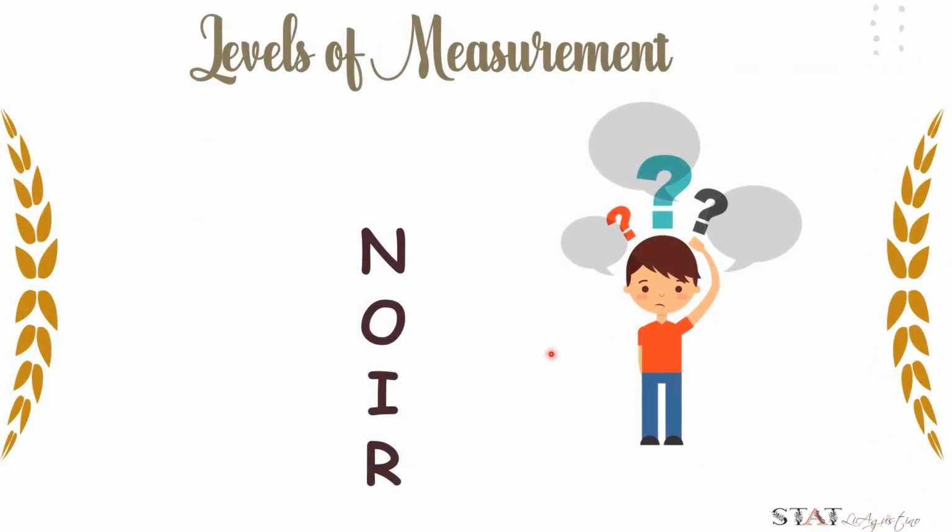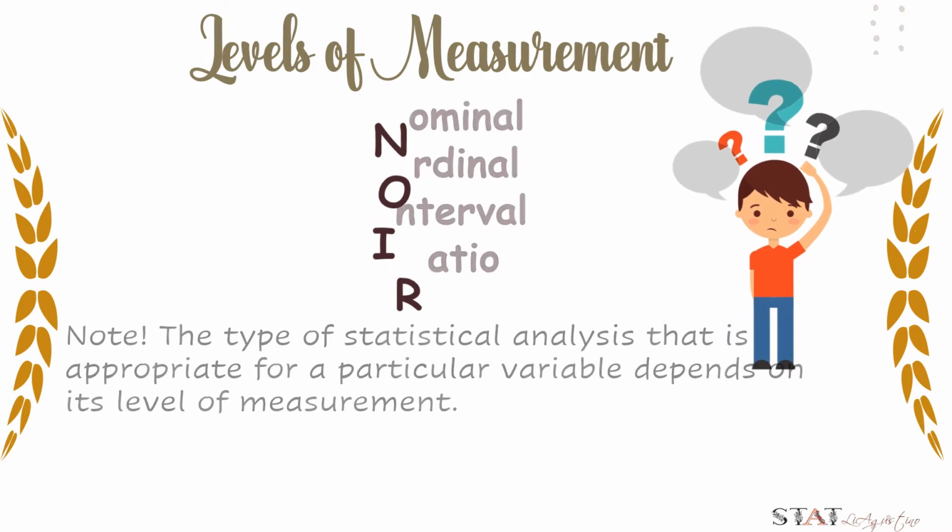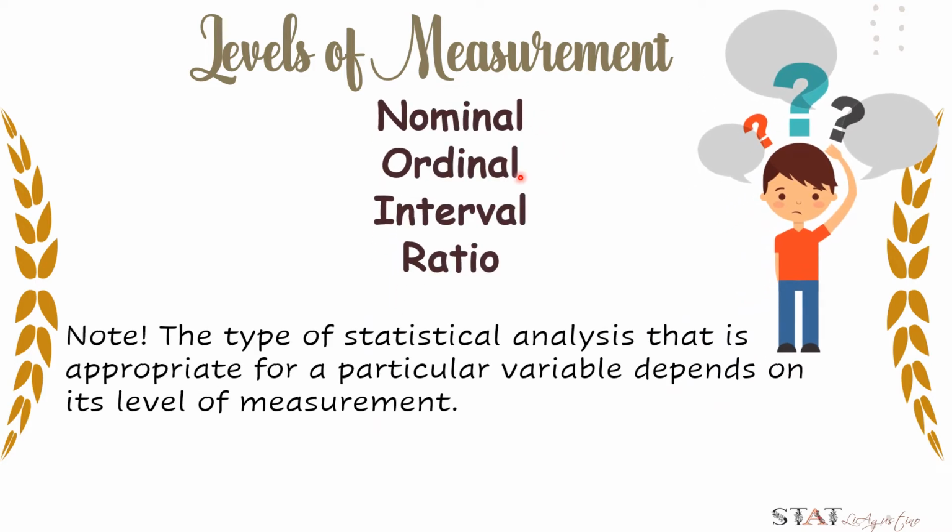Now, let's review the levels of measurement. You have already learned this in your elementary statistics, but for us to review, let's be reminded of NOIR. It stands for nominal, ordinal, interval, and ratio. Note that the type of statistical analysis that is appropriate for a particular variable depends on its level of measurement.